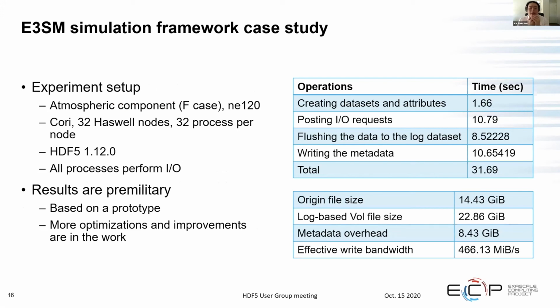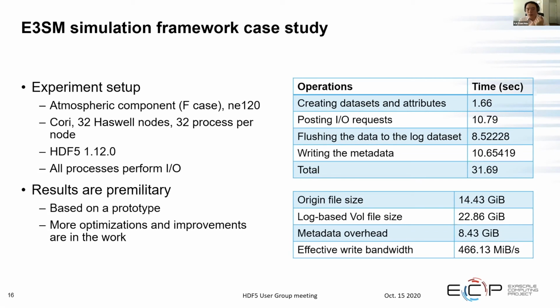We ran this with the atmospheric component, which they call F case, in the E3SM application, with the ne120 resolution. That's the highest resolution and the largest data we have so far.